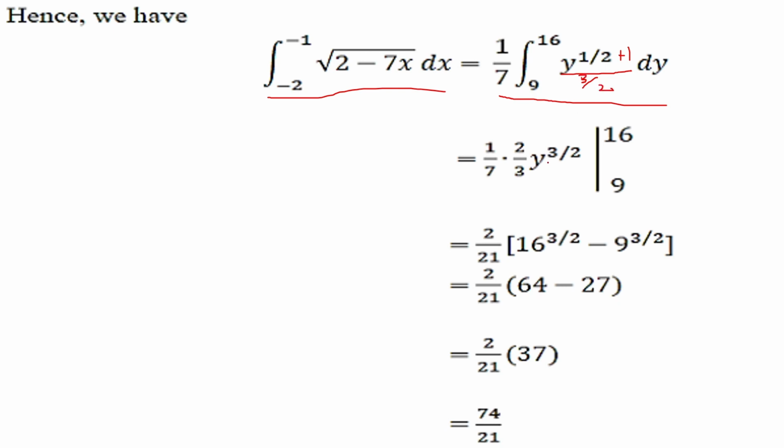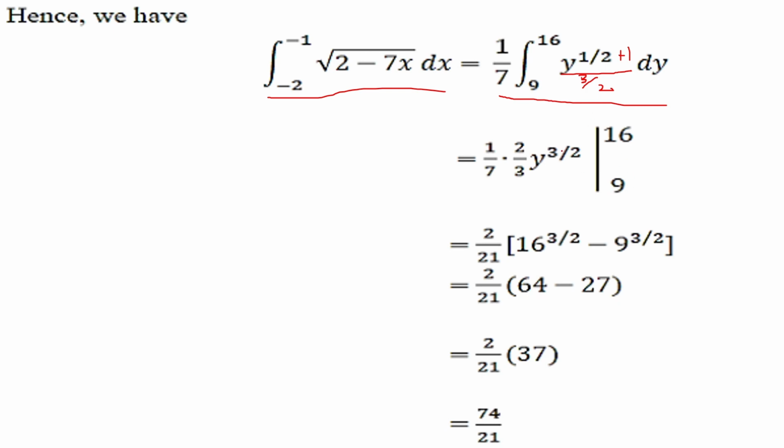Therefore, y raised to 3 over 2. If you still remember our rule, if you have a fraction in the denominator, you multiply by the reciprocal of the fraction. So we copy 1 over 7 and then times 2/3, the reciprocal of 3 halves. y raised to 3 over 2 from 9 to 16.